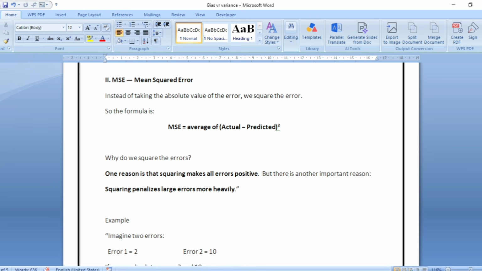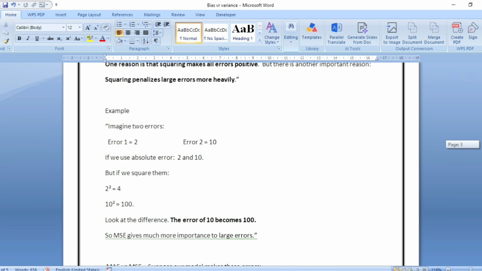So why do we square the error? There can be 2 reasons. One being that squaring makes all the errors positive. But there is another important reason. Squaring penalizes large errors more heavily. For example, imagine 2 errors, 2 and 10. If we use absolute error, it will just be 2 and 10. But if we square them, like mean squared error does, it will be 4 and 100.